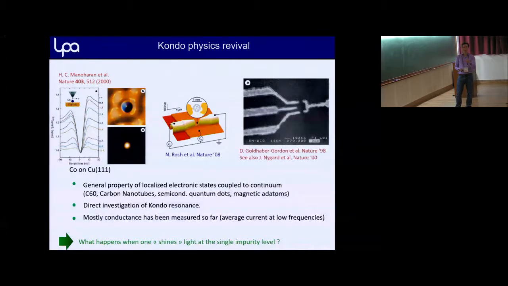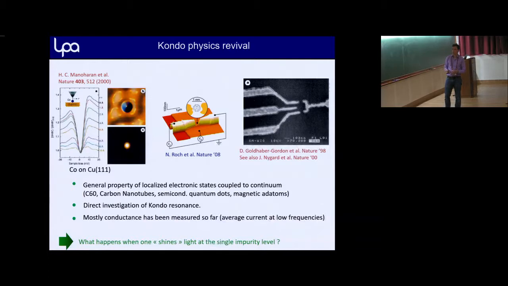As soon as you have, for example, a spin degenerate state, or even other kinds of degeneracies, coupled to a continuum of electronic states, for example in C60, in carbon nanotubes, semiconducting quantum dots, or magnetic atoms such as cobalt on copper 111, you run into this kind of physics. In fact, these localized electronic states can play the role of a magnetic impurity, and this has allowed a direct investigation of the Kondo resonance with exquisite detail, especially at low frequencies.